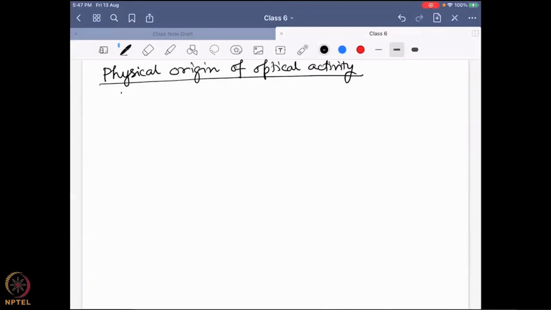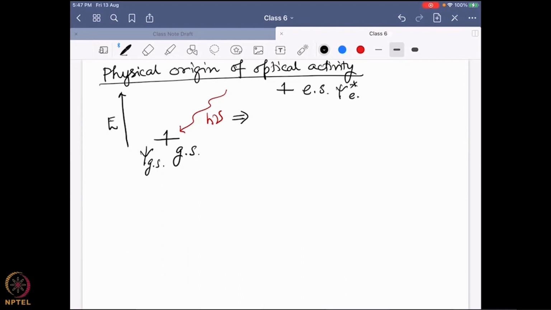Now, we have covered earlier that if we have an electron present in the ground state of a molecule, say it is psi G, and then I shine light or electromagnetic radiation, h nu, that can create a difference in the electronic distribution of the ground state and bring it to an excited state configuration, which I am writing as psi star, the excited state.